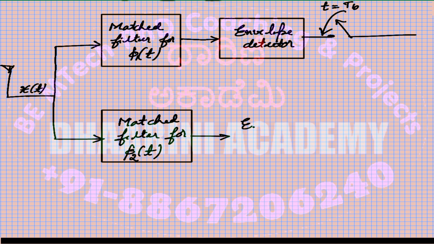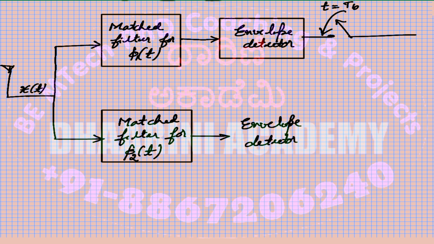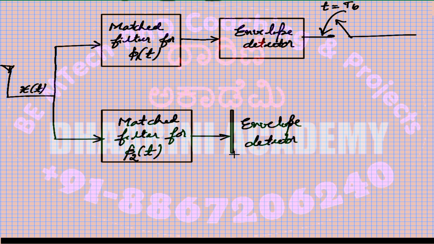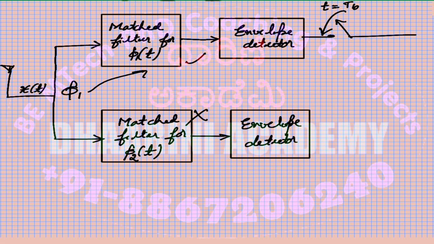Let me write this. There is another envelope detector. Yeah, since it is orthogonal, whenever you take a product, right? So only when phi 1 comes, if this is phi 1, let me say the x of t is s1 of t, then only this will produce an output, this will not produce. So you don't need a NOT gate, correct?